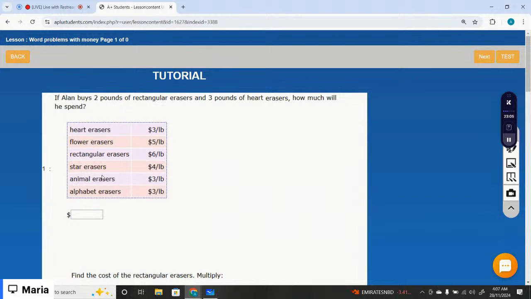The rectangular razors are $5 per pound and heart razors are $3. There are 3 pounds of heart razors, so you have to do 3 times 3.